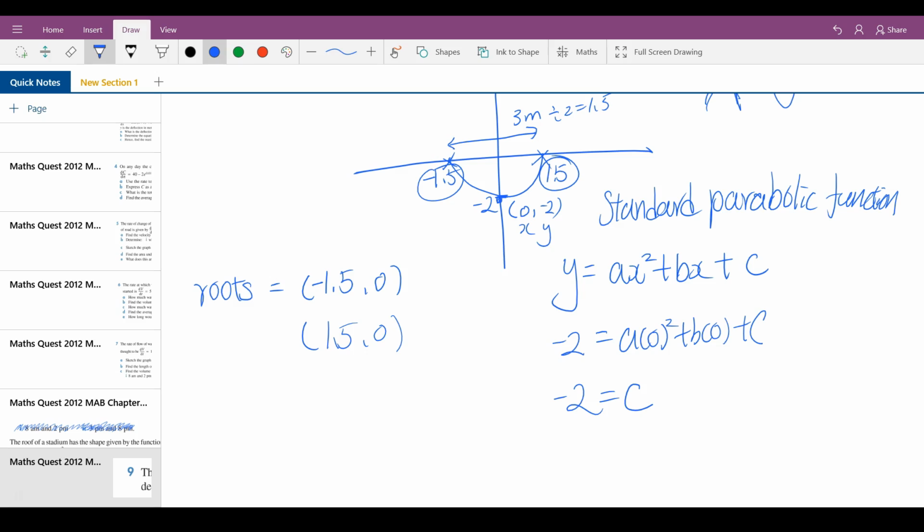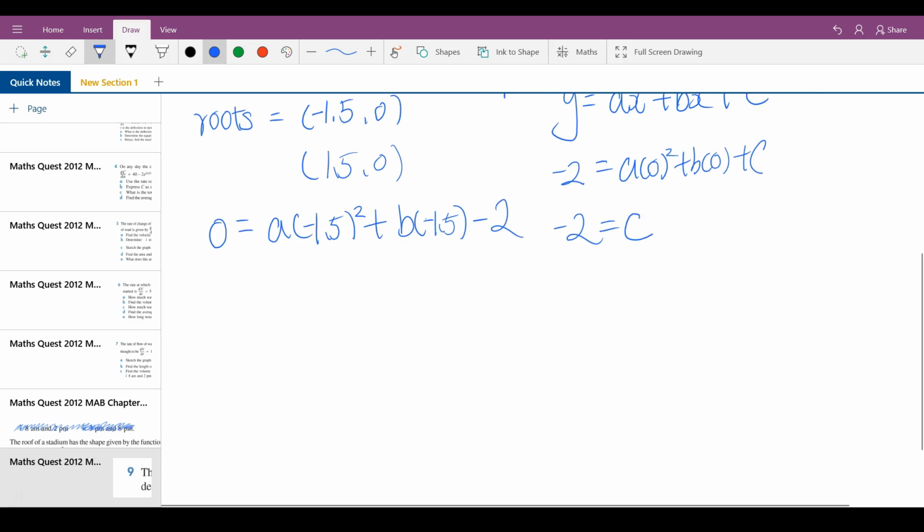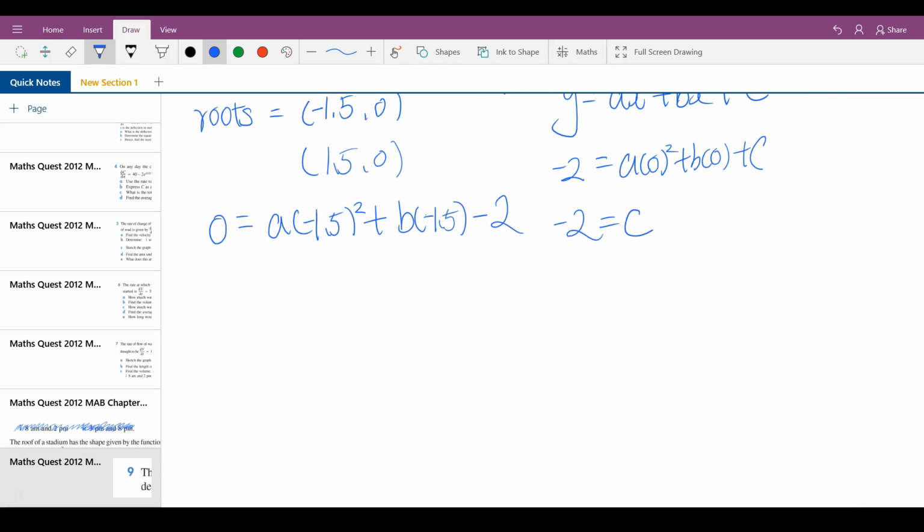Now let's sub that into the function. We don't have y anymore. So 0 equal to a times -1.5 squared plus b times -1.5 minus 2, because our c is -2.